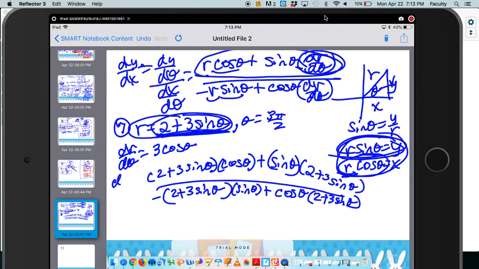Now I need the derivative dy over dx at theta equals 3 pi over 2.